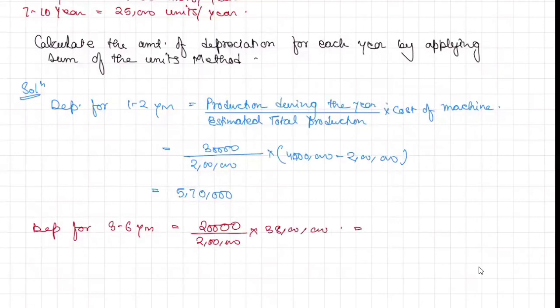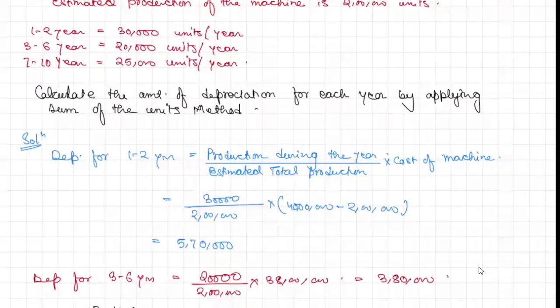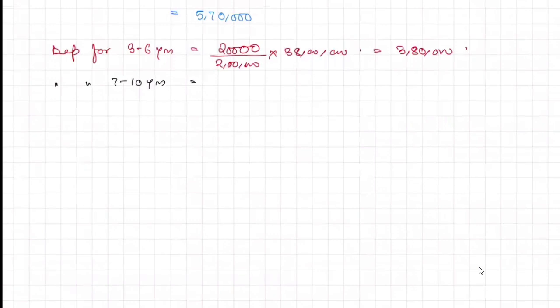So it will be 20,000 divided by 2 lakh into 38 lakh, which is 3,80,000. And for 7 to 10 years, units produced is 25,000 per year.